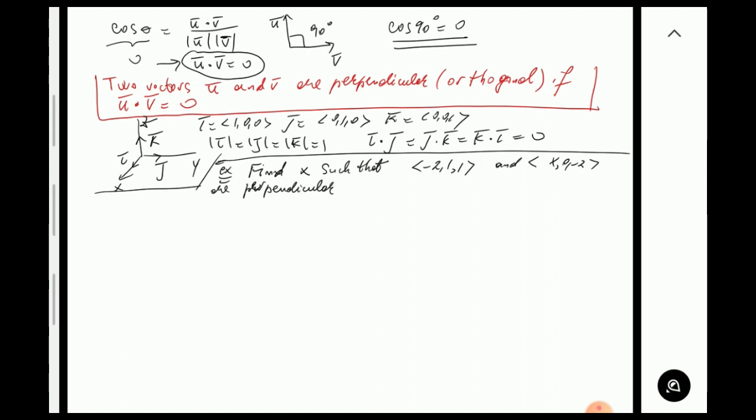So that means you need to find x such that the dot product between them is equal to 0, according to the property I just mentioned. This gives you a simple equation in x: -2x plus 1 times 0 plus 1 times -2 equals 0. And that means x is equal to -1.